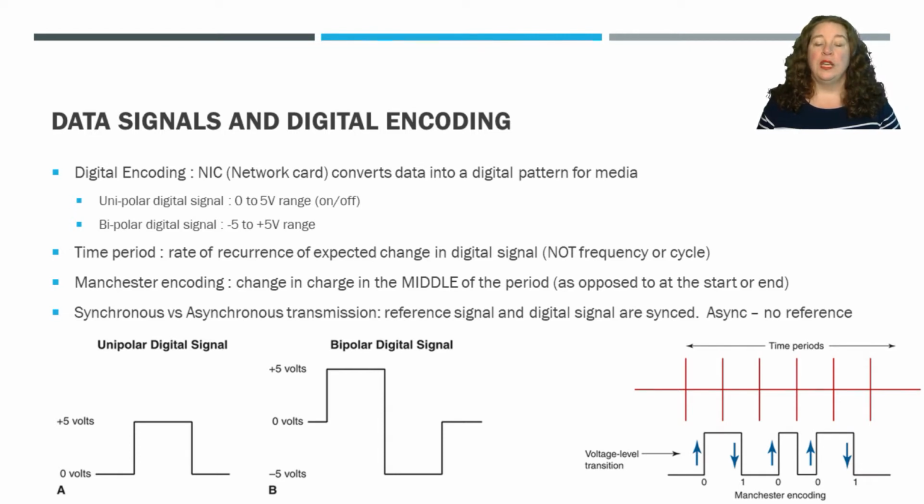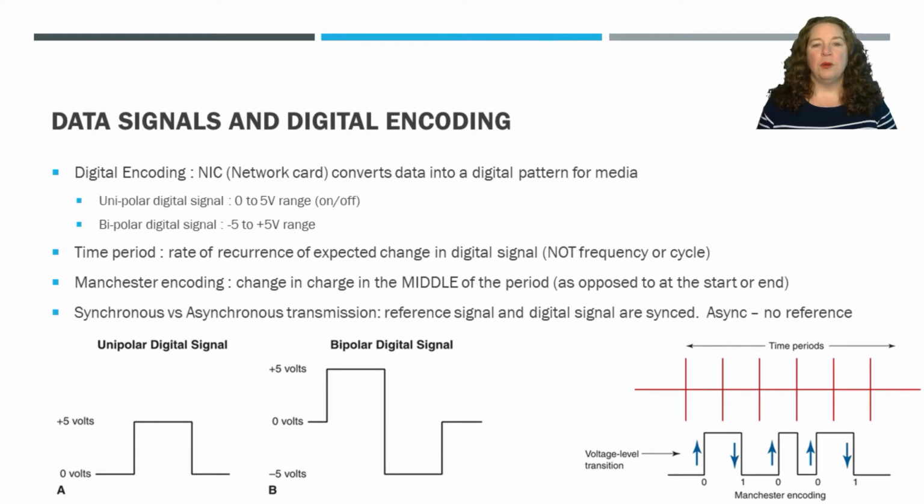We can go unipolar, singular polar, which goes from a 0 to a 5-volt range, 0 being off, 5 being on. If we wanted to send a 1, or an on, we would send a 5-volt pulse. If we wanted to send a 0, we would send a 0 pulse, or nothing. So you could count the ones and the zeros as you go along for each of the pulses.